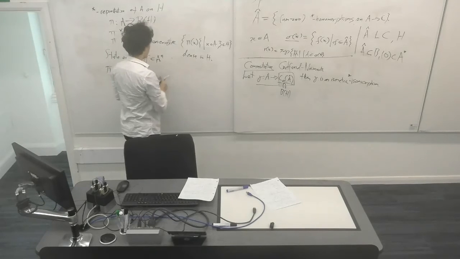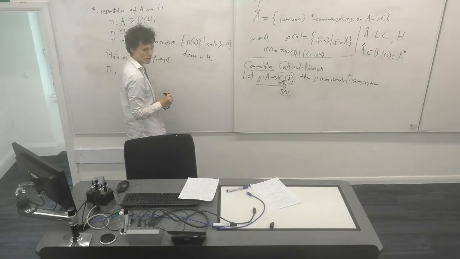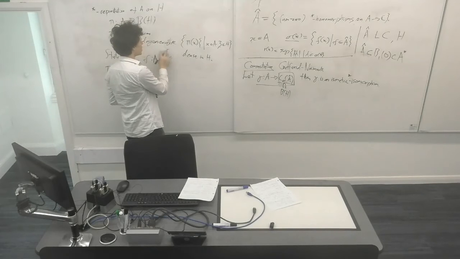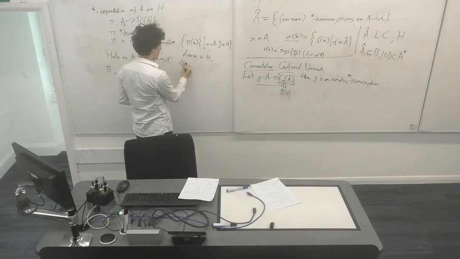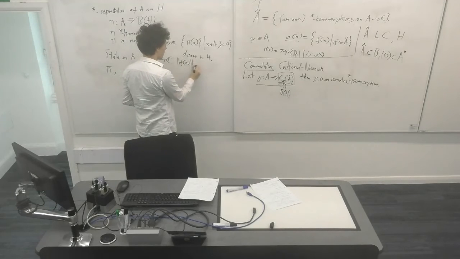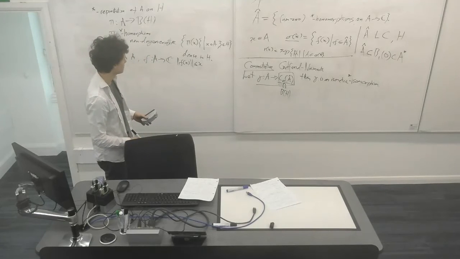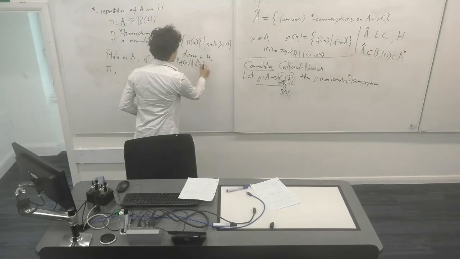So again, f is from A into C. The norm of f is that we basically want the property that for any x in A, the norm of f of x is always going to be smaller than the norm of x. That just means the operator norm of f is at most 1.